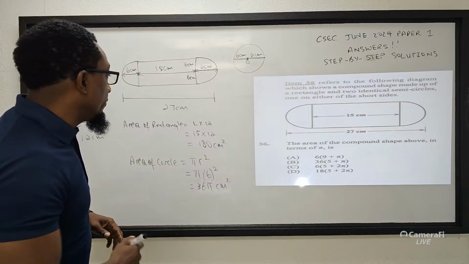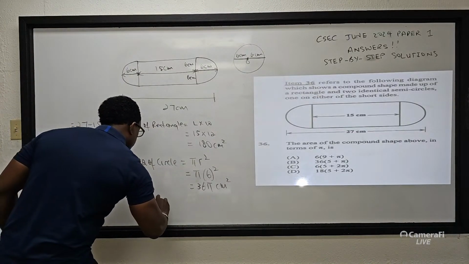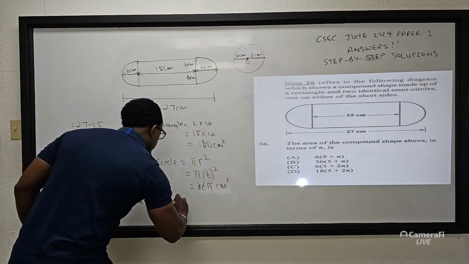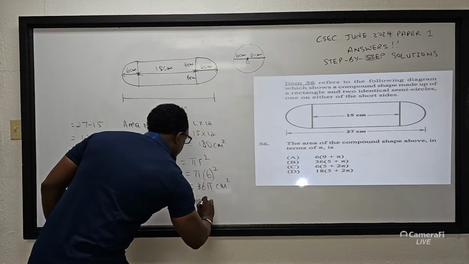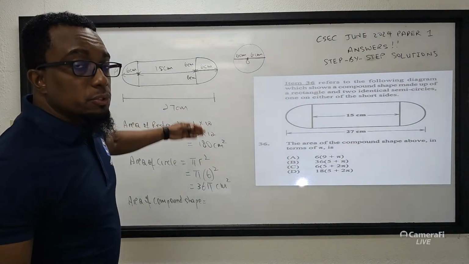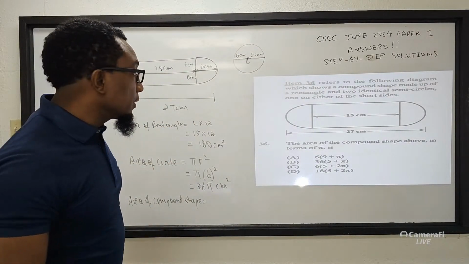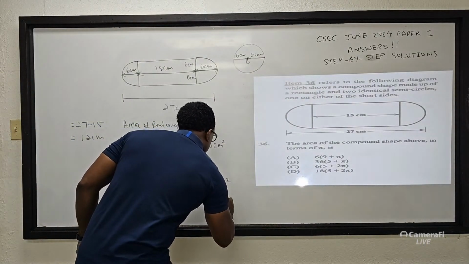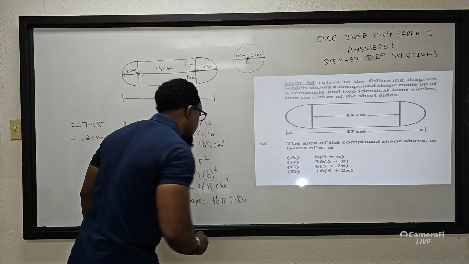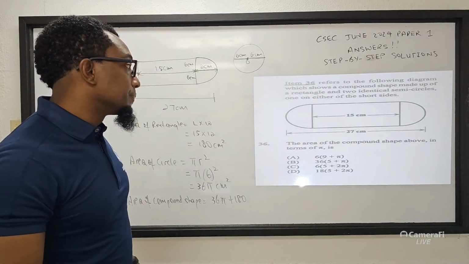So what then will be the area of this compound shape? The total area, the area of the compound shape, will be the sum of the area of the rectangle and the area of the one circle, which is the combination of my two semicircles. So it's going to be 36 pi plus 180. Clearly that is not in any of the options there.